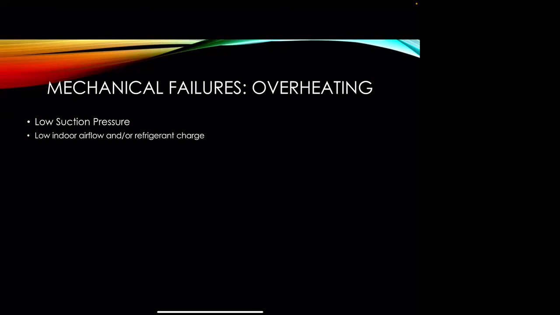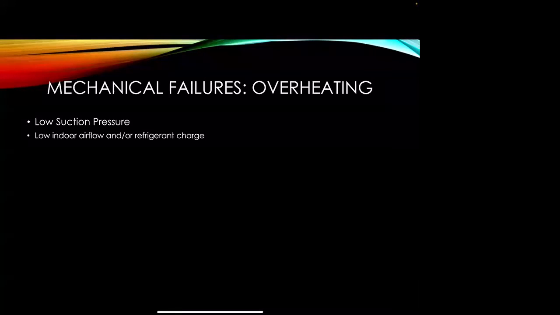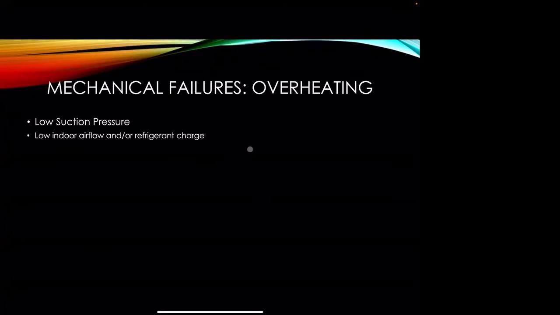If a system's low on refrigerant, how did it become low on refrigerant? Well, typically it can be a refrigerant leak, or it can be we're constantly putting hoses and refrigerant gauges on the system.